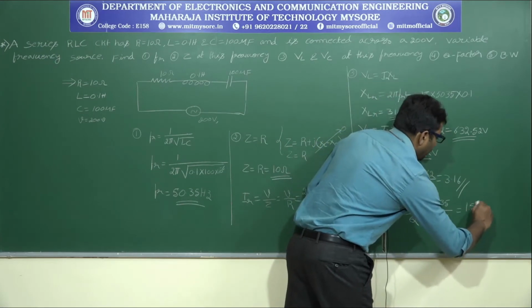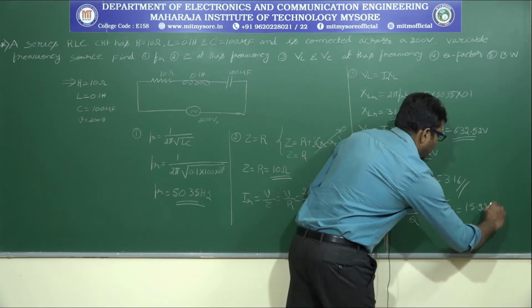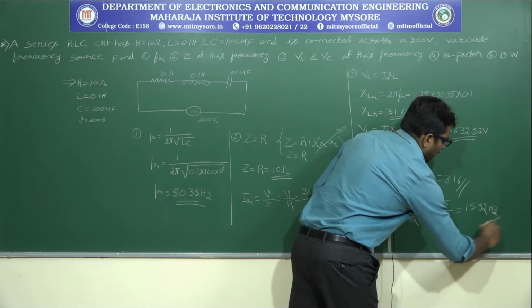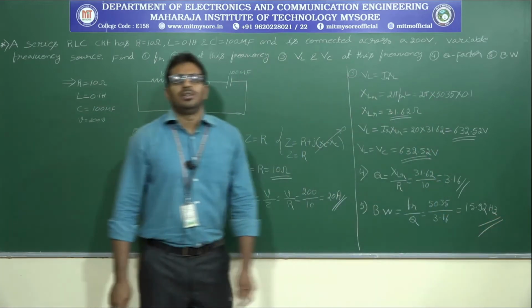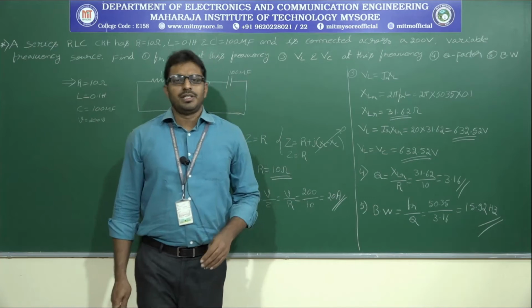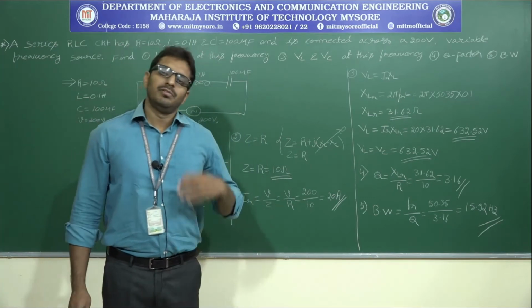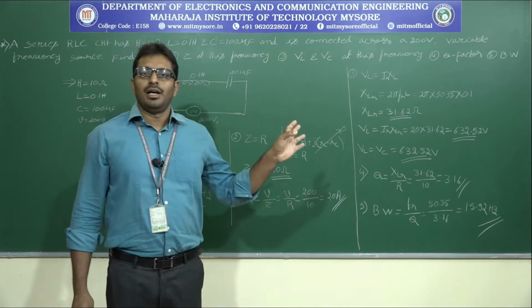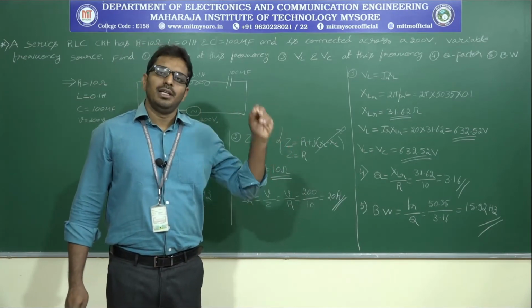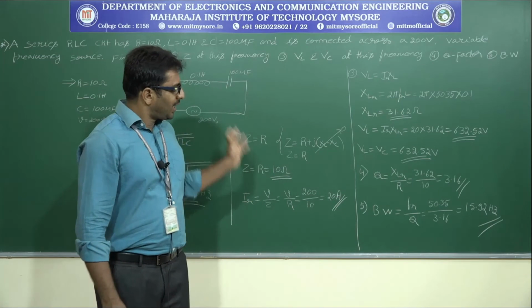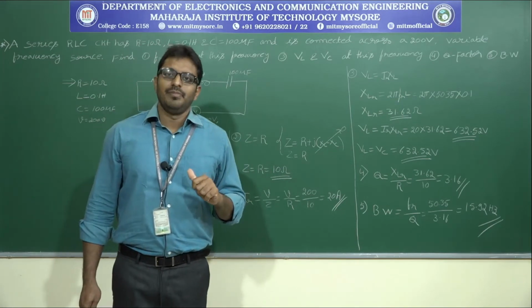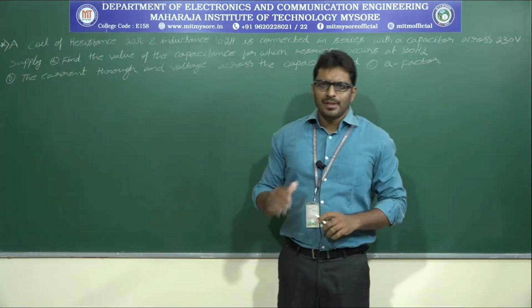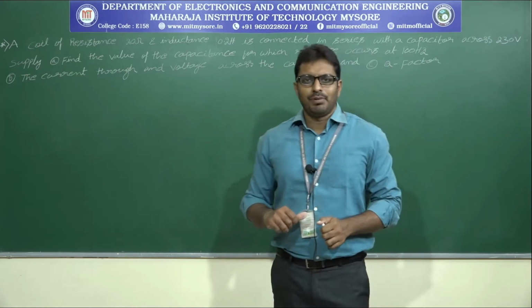Answer is 15.92 hertz. So, the problems in this chapter are easy because we already derived the standard formula. Just by substituting the given values in the standard formula, directly we can calculate the answers. Thank you. Okay, now let us move on to the second problem.